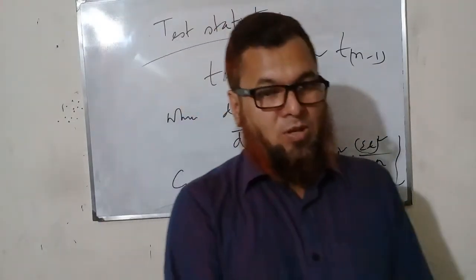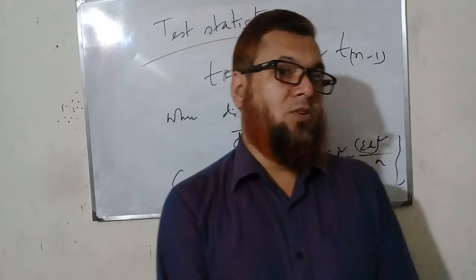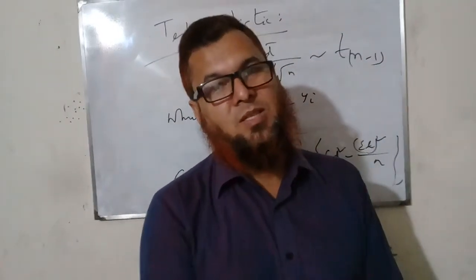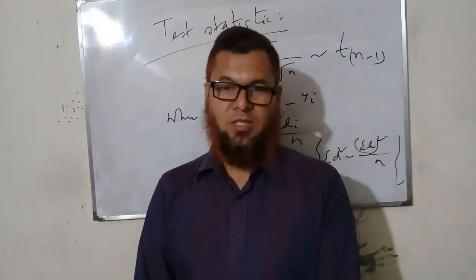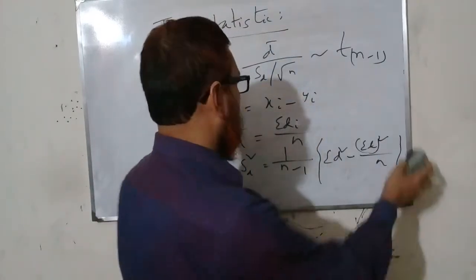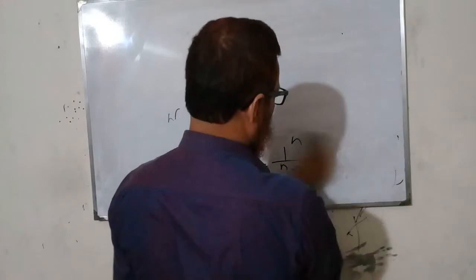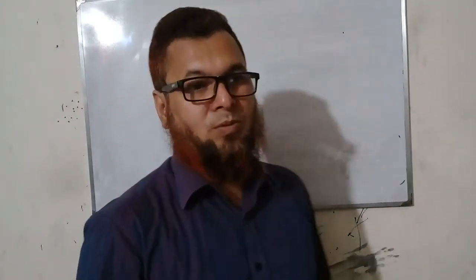So to test equality of two means for paired observations, at first we write assumptions. A random sample of n pairs of observations is drawn from a bivariate normal distribution. Next, hypothesis, mu1 equal to mu2, that is mu d equal to 0, there is no difference, and mu d not equal to 0.